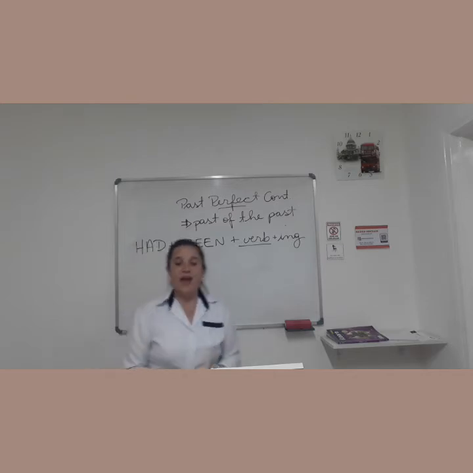Okay, so guys, first use is when we want to focus on the duration of something. So number 1 here, the duration before something happened in the past. We use the past perfect continuous to show that something started in the past, continued up until another time in the past. Okay?